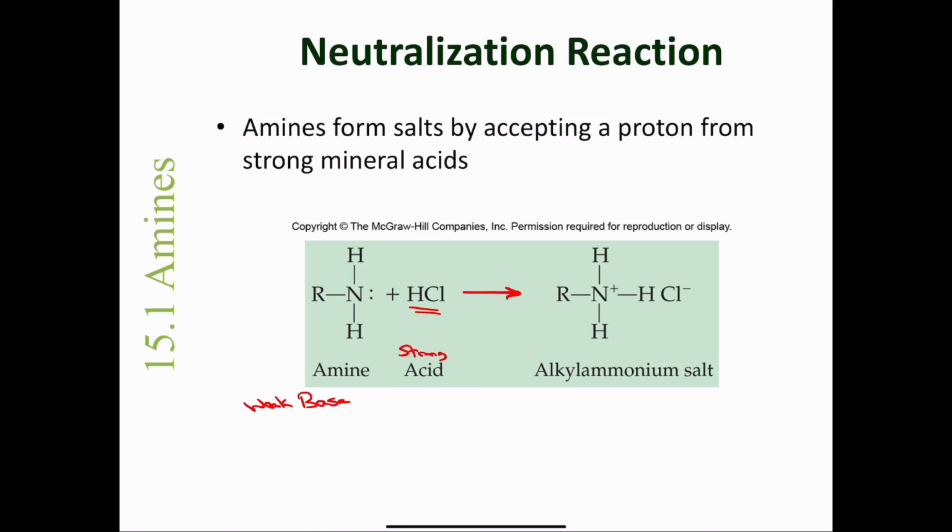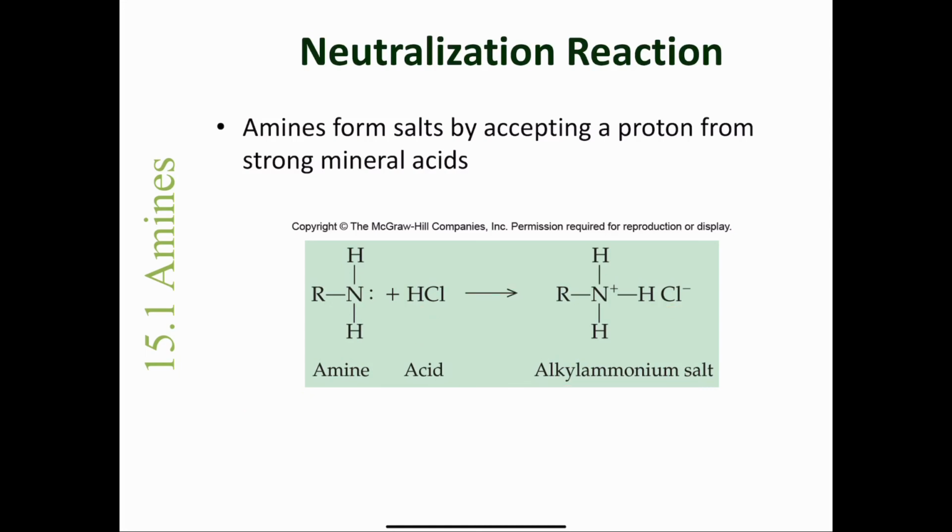That means this is an irreversible reaction because the strong acid donates that proton completely to the amine to produce an alkylammonium salt. Notice that we're not producing hydroxide here, right? We're producing chloride as well as our alkylammonium ion.